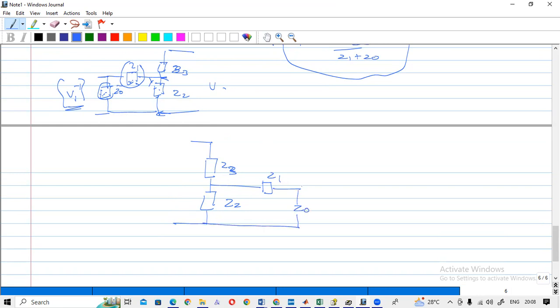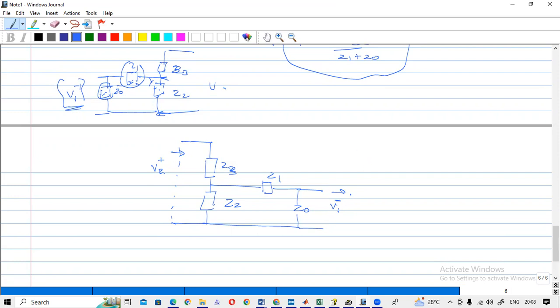Now you want to calculate this voltage, that is V1 minus, in this direction. And this voltage you can give as V2 plus, that is the voltage given to port 2. And this is the voltage going out from port 1. So you have to calculate this V1 using this V2, correct?